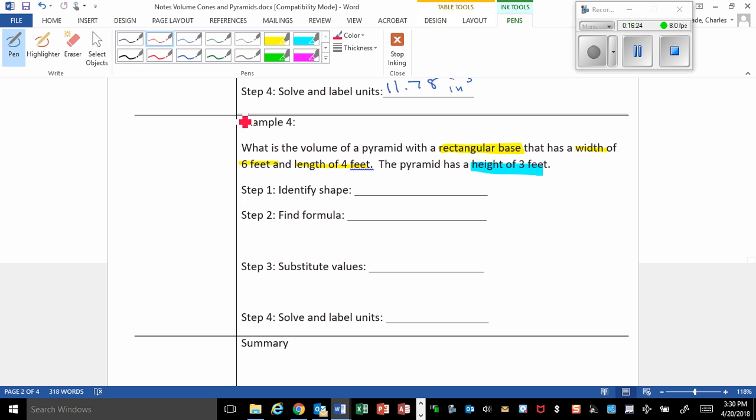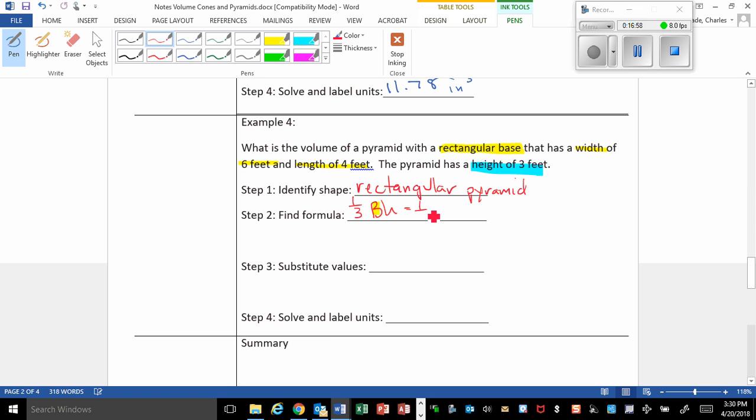That's all we need because the formula tells us that it's 1/3 area of base, big B, times the height. All right, so let's identify the shape. So it's a rectangular pyramid. Okay, the formula says 1/3 big B times H. Now, since this big B, remember, big B means area of base.